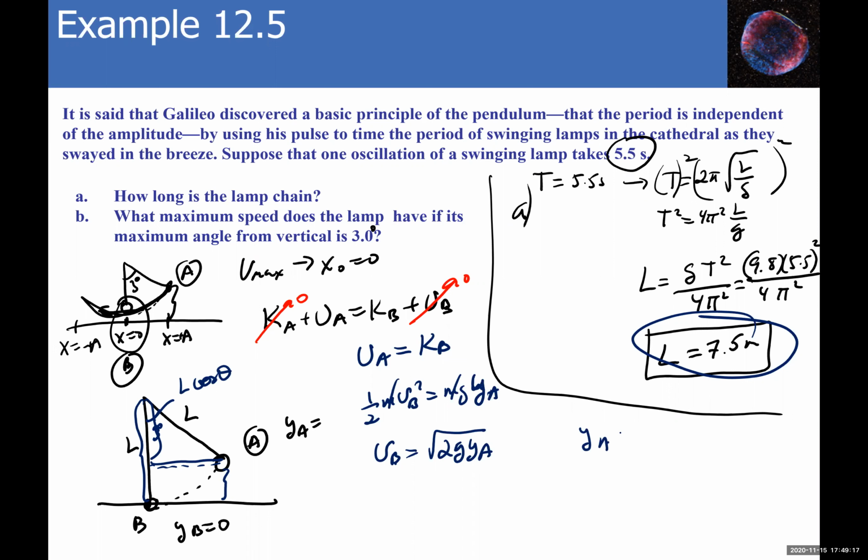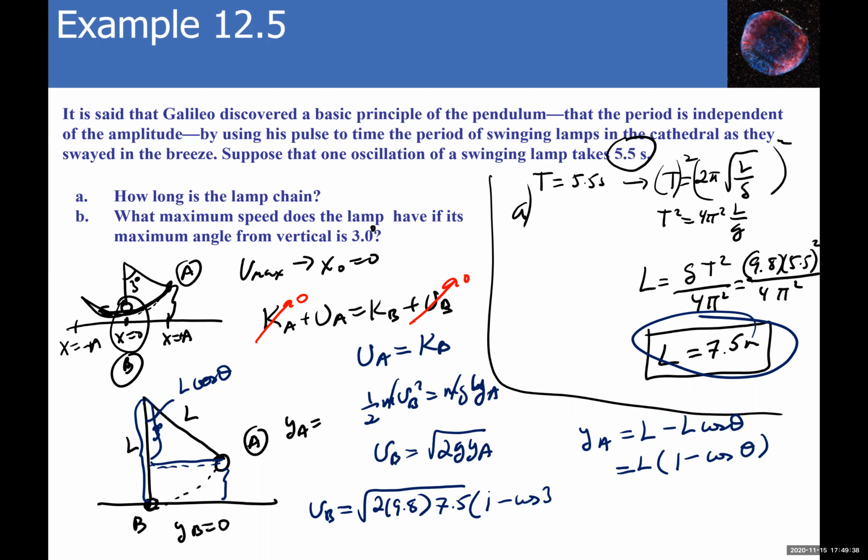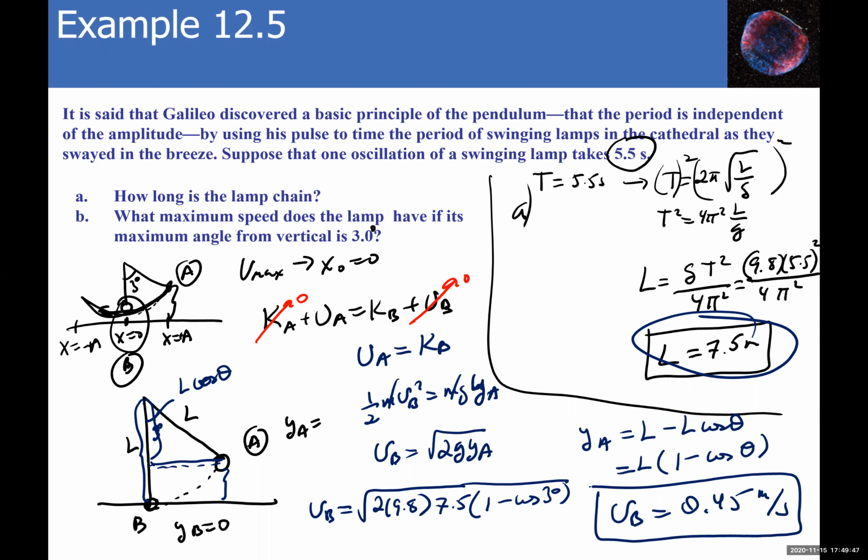That means y_A is L minus L cosine theta, or L times (1 minus cosine theta). Then v_B equals the square root of 2 times 9.8 times 7.5 for L times (1 minus cosine of 3 degrees). Plug in everything, and I get v_B as 0.45 meters per second. And that's my final speed.